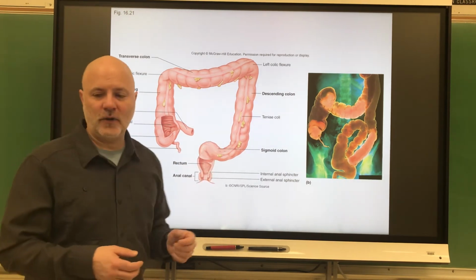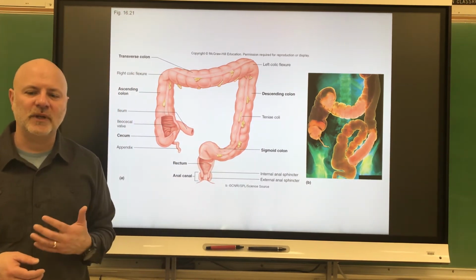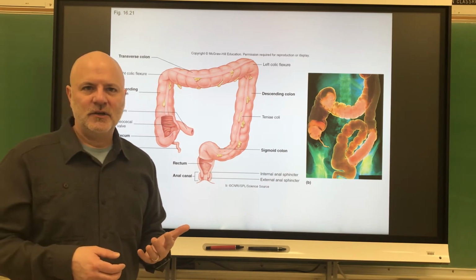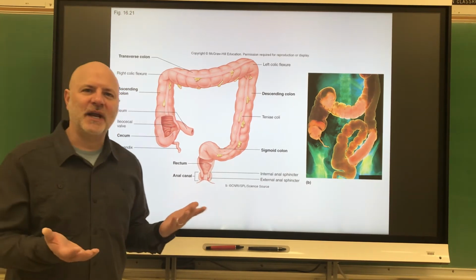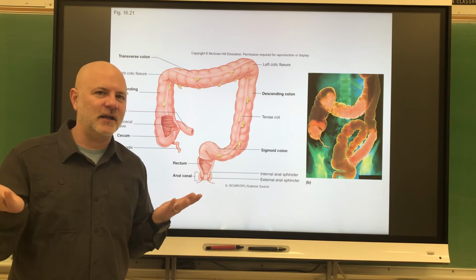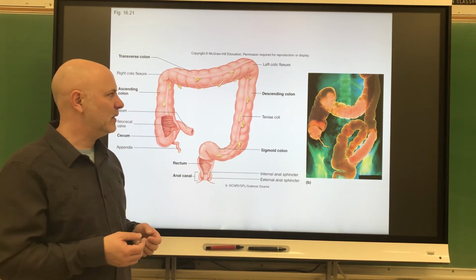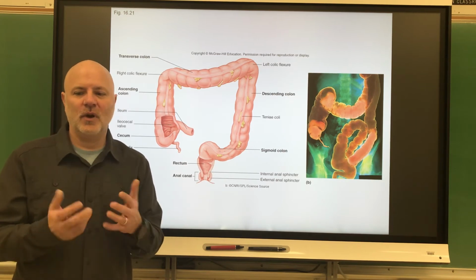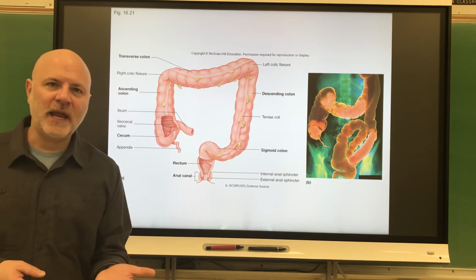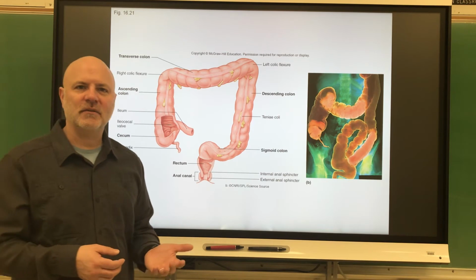Next is intestinal flora. Intestinal flora is bacteria that normally inhabits the large intestine. This is why you need to wash your hands after you poop, because you might have some of that fecal bacteria on you, so you want to wash that off. Why we have this is it's a mutualistic relationship.